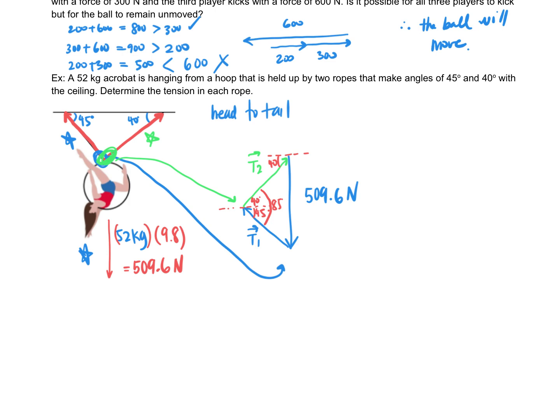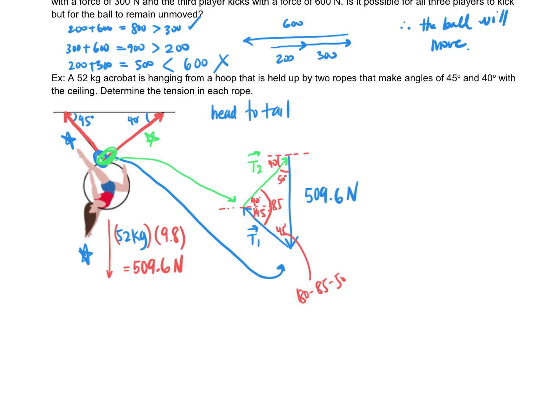I also know that the 40 degrees with this one here are complementary, so 90 minus 40 will give me 50 for this inside angle. And then I can use my 180 rule to get the final angle, and I will get 45 degrees.